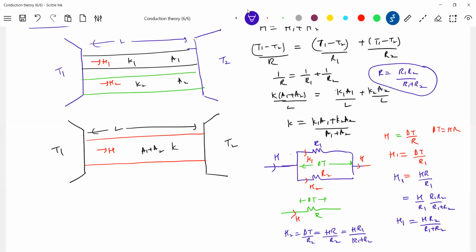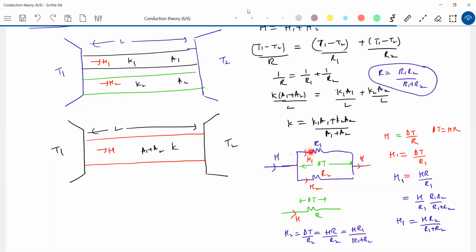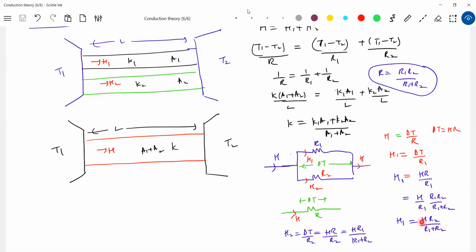So if you know the main branch heat current, how do you calculate the heat current in the sub branches? Directly we use this formula. No need to use any other alternative method.